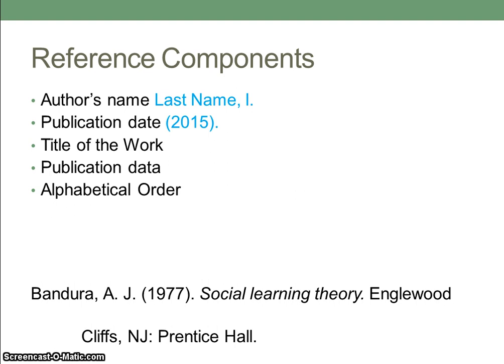We see the writer's surname, followed by a comma. The name is in initials, period. The year it was published is within parentheses, period. The title of the book is in italics, period. Then we have the city and state it was published, followed by a colon, and then last but not least, the publishing house.